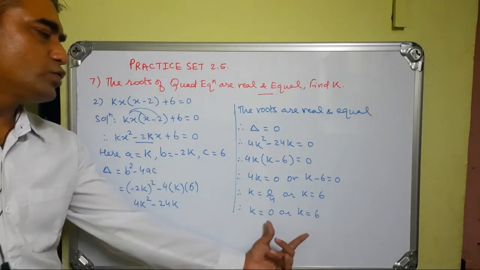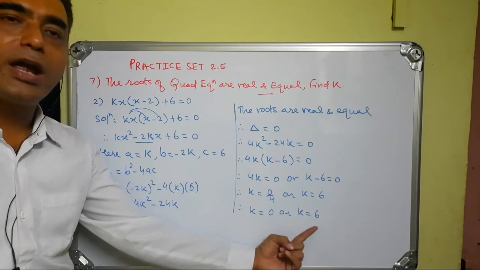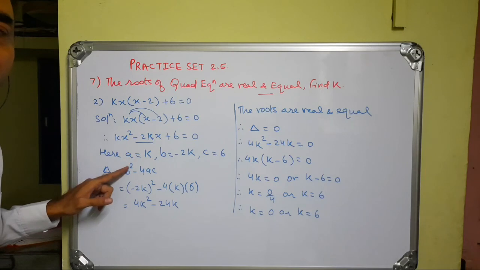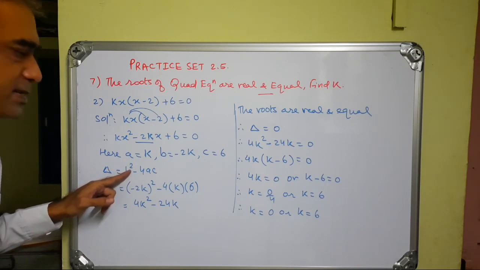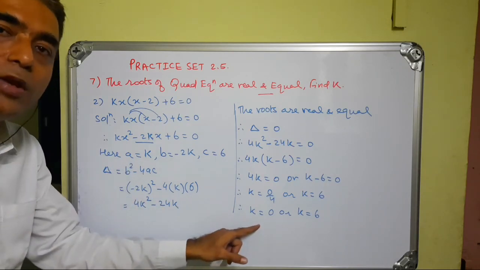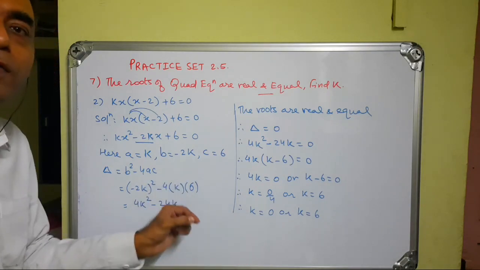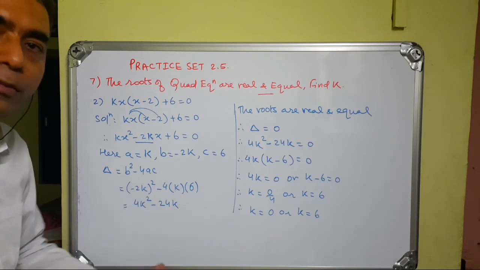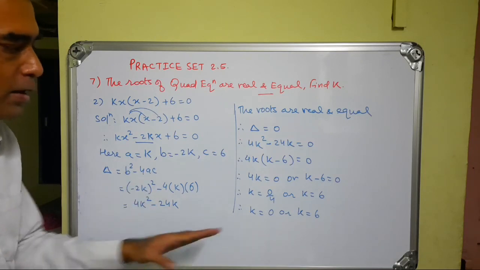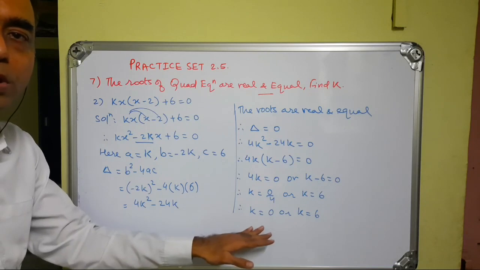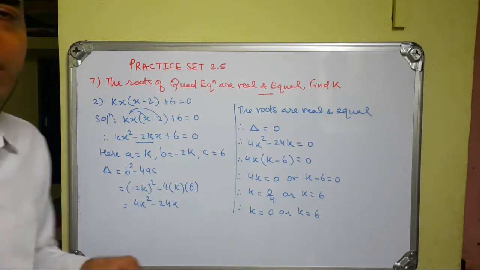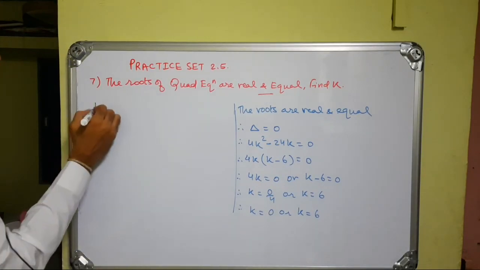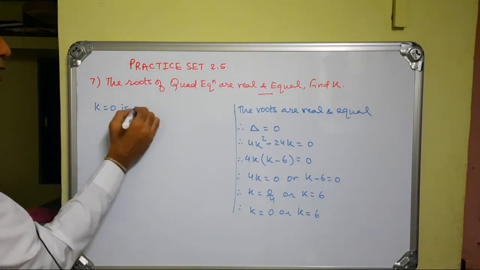Now we have got these two values, k equals to 0 or k equals to 6. Now what is k? K is a, that is the coefficient of x square. And can this value be 0? Can the coefficient of x square be 0? If that is 0, the equation cannot be a quadratic equation. Therefore k equals to 0 is unacceptable.